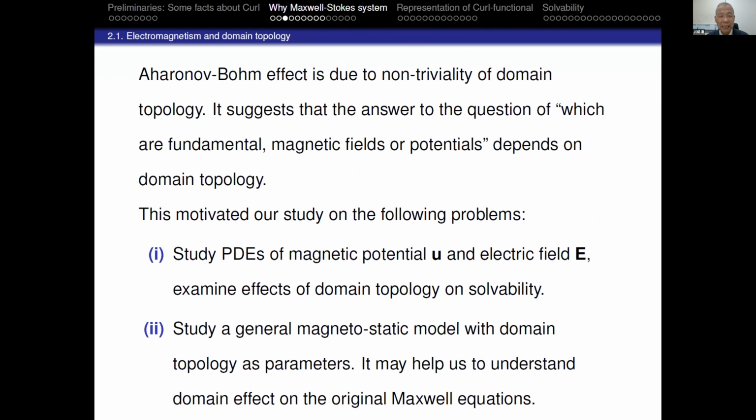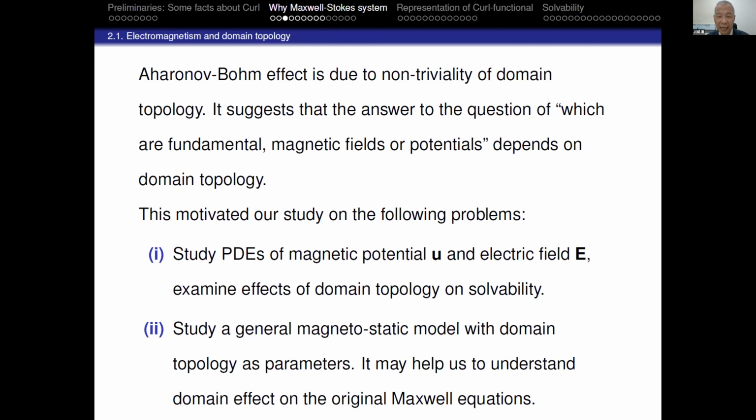And now we understand that the Aharonov-Bohm effect is due to the fact that the domain topology is non-trivial. So it suggests that to answer the original question, which one is most fundamental, magnetic field or magnetic potential, the answer really depends on the domain topology.